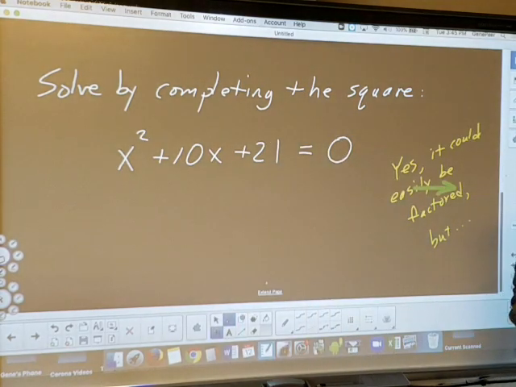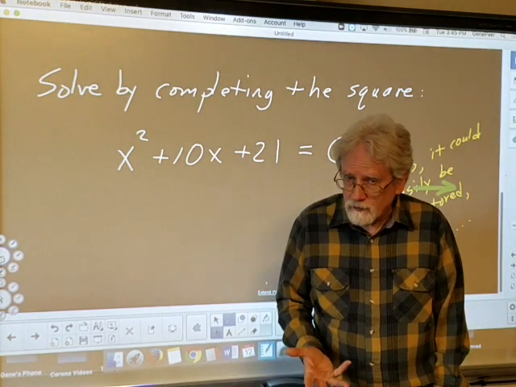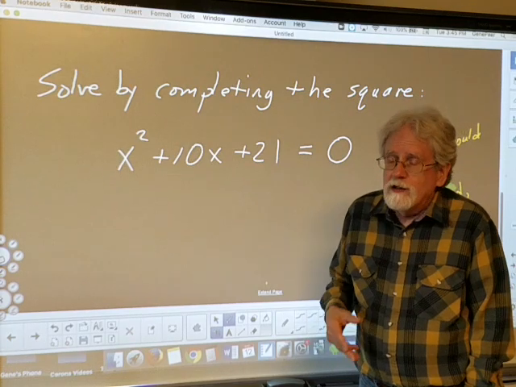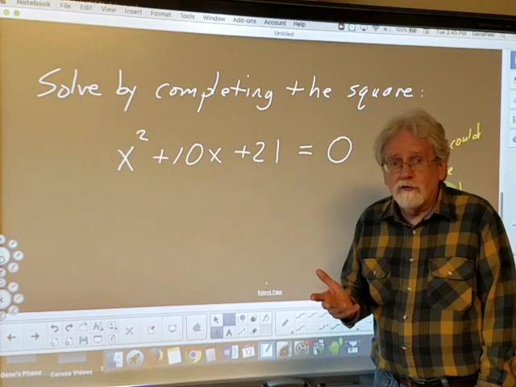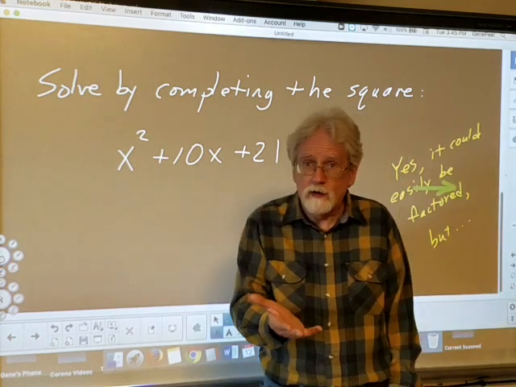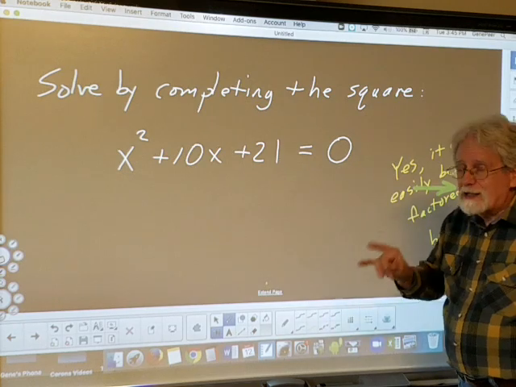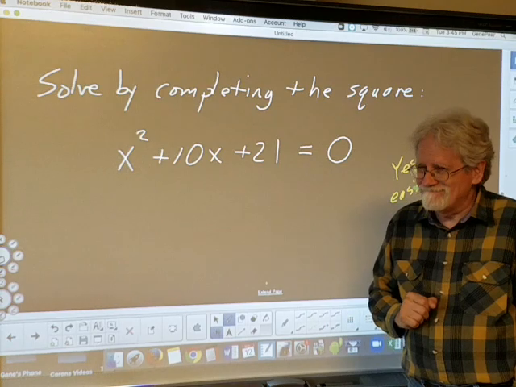Completing the square is more helpful when the problem can't be factored. This one is easily factored, so why would we bother completing the square? We wouldn't. But for right now we will, because you need practice in completing the square. So, let's do it by completing the square, see if we get the same answers, negative 3 and negative 7. We'd better.